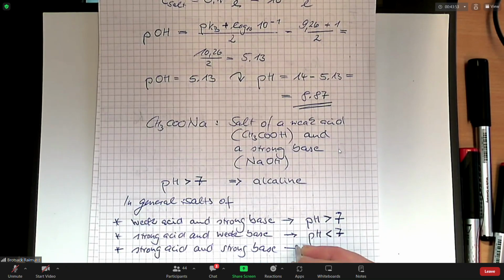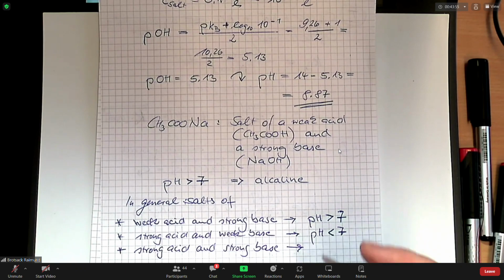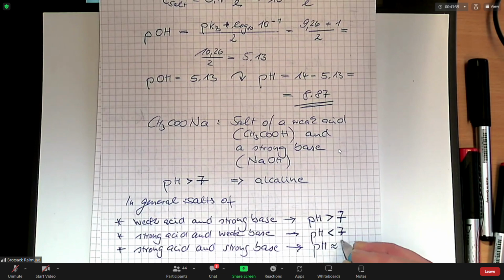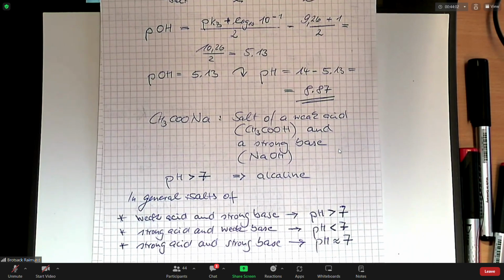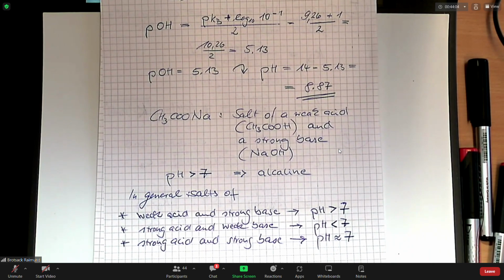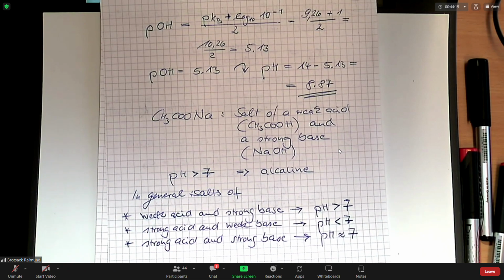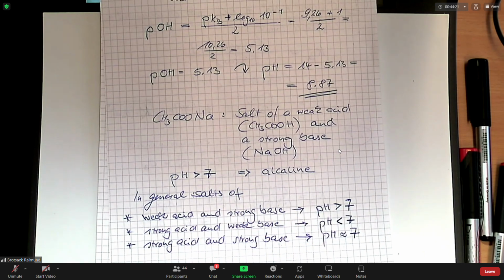What will be the pH level of this salt? pH is similar to 7. Yes, of course. The one which is stronger influences the pH level, but if they are nearly the same, it's nearly 7.